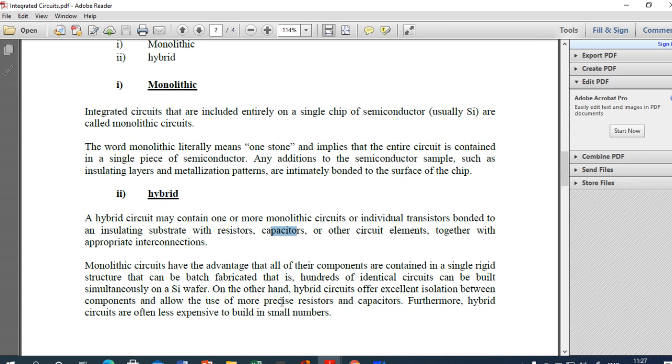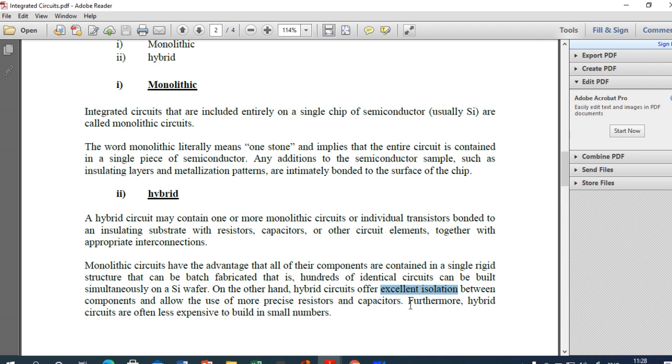But hybrid will not allow us to do that because it is interconnected with passive components like resistors and capacitors. But the advantage of hybrid is that it offers excellent isolation between the components and allows the use of more precise resistors and capacitors.